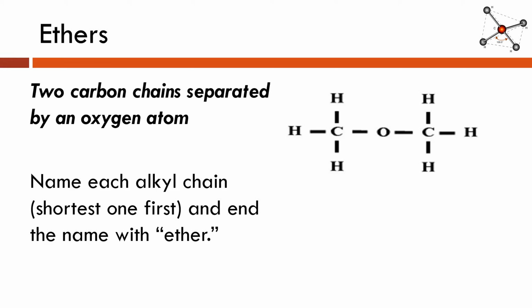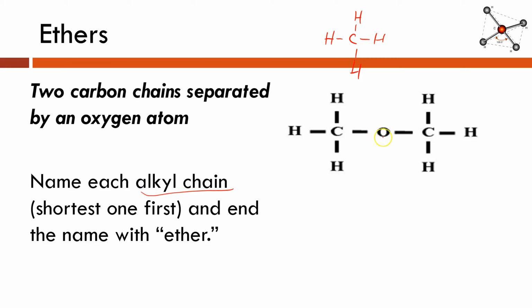Before we get into naming the ether, let's talk a little bit more about what this alkyl chain thing is. Basically, you can think of an alkyl chain as being an alkane, at this point in time anyway, that is missing a hydrogen. So for example, if we've got a single carbon chain by itself, it would be CH4.